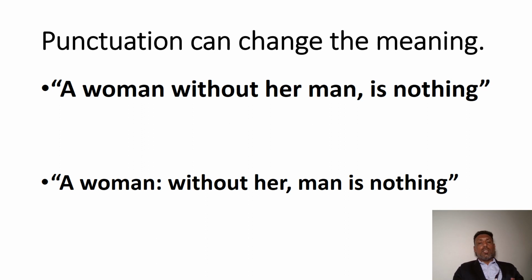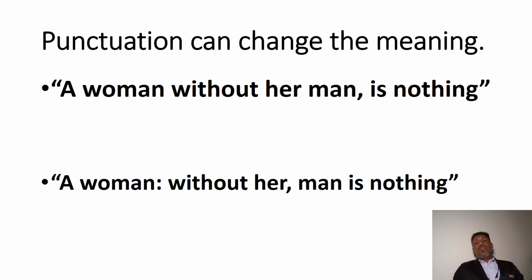A woman, without her, man is nothing. This sentence is inclined towards women because this sentence says that man is nothing without woman. In fact, there is a very famous saying in English: behind every man's success, there is a woman in his life.